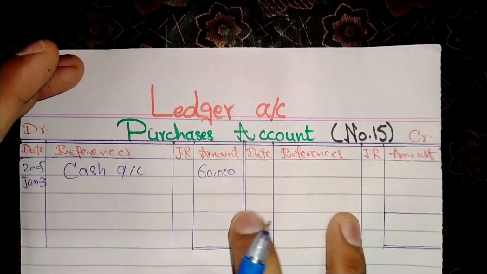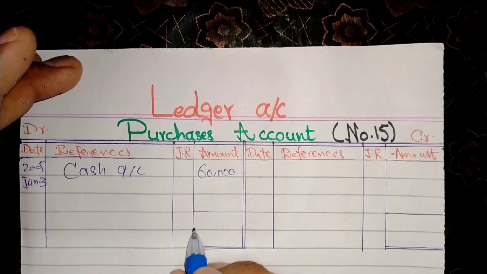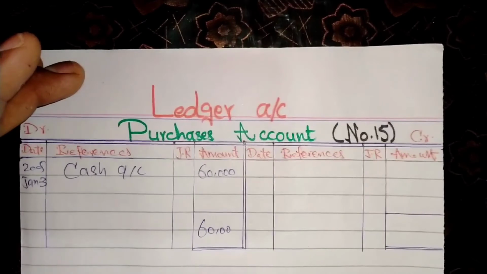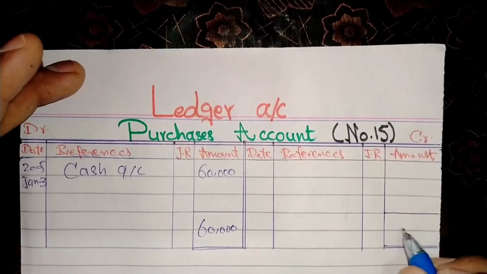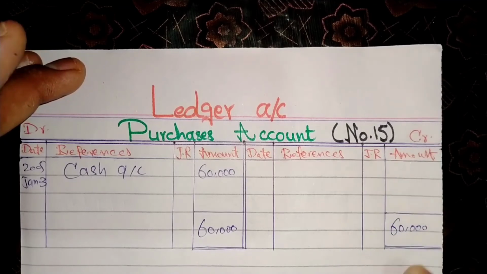There is no other transaction of purchases further. So we will wind up 60,000 rupees and also 60,000 rupees. Both sides are equal, and we find the balance carry forward.